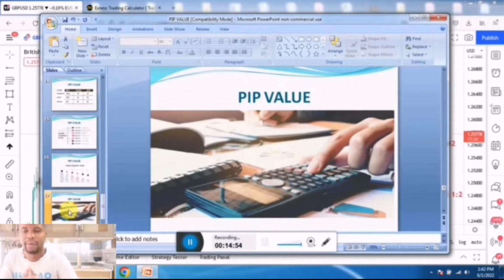So we've learned about the pip itself, and then we've learned about the spread. We've learned about the lot size, and lastly we learned about which currency pairs are quoted.